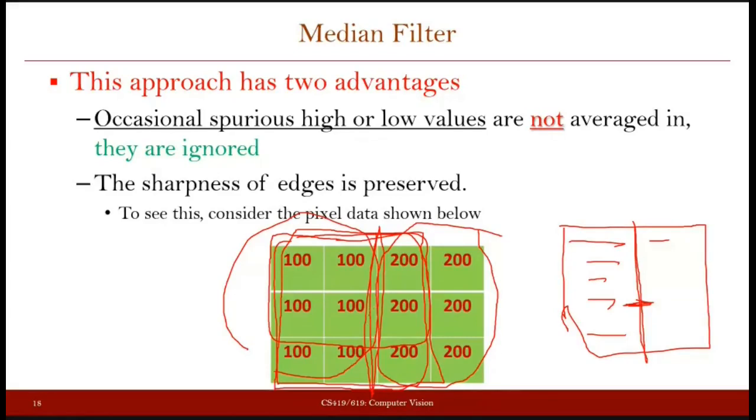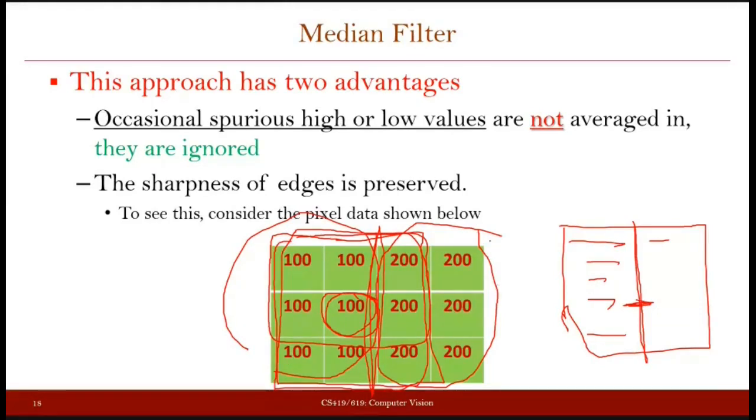So what output are you going to get, and for which pixel? For this central pixel, because the 3 cross 3 neighborhood is surrounding it. For this pixel which has 100 value, the new value will again be 100, because 100 is in the majority.